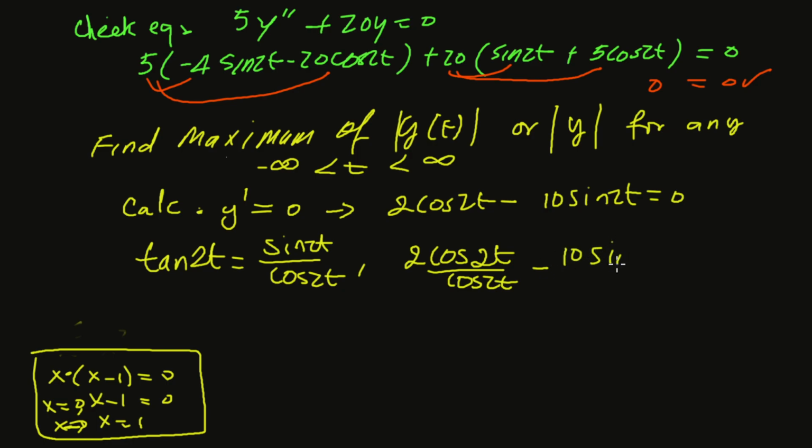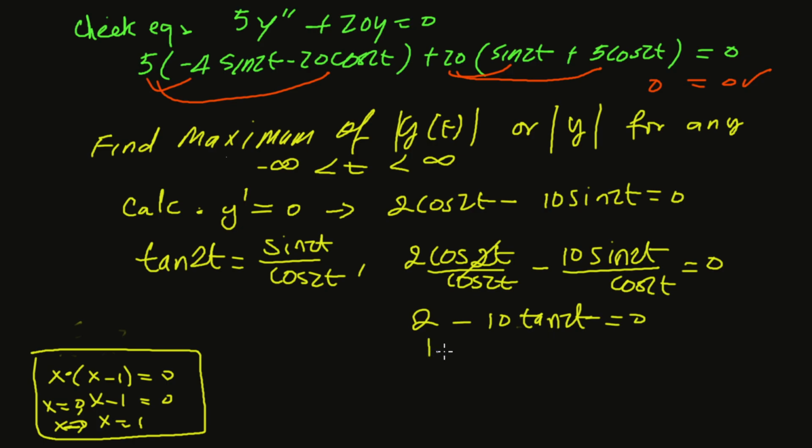Alright, so sine 2t over cosine of 2t equals 0. Let's switch to tangent. So tangent of this is 1/5.